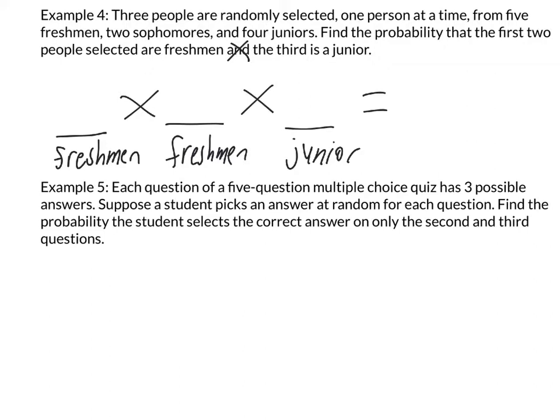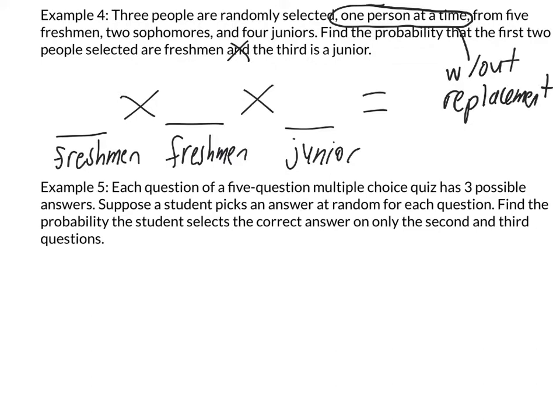Let's try to figure out if this is with or without replacement. It does not specify. If you're selecting one person's name at a time like this, you can assume it must be without replacement. In other words, I'm not going to select the same person's name twice.